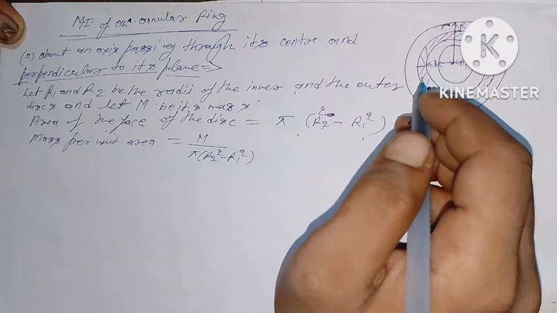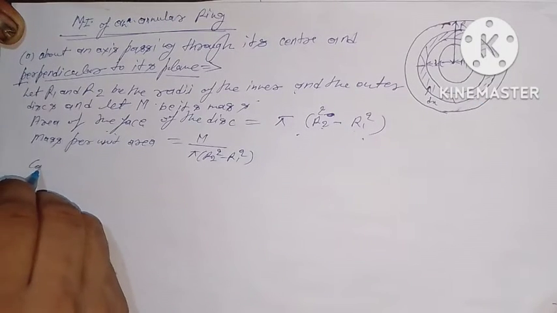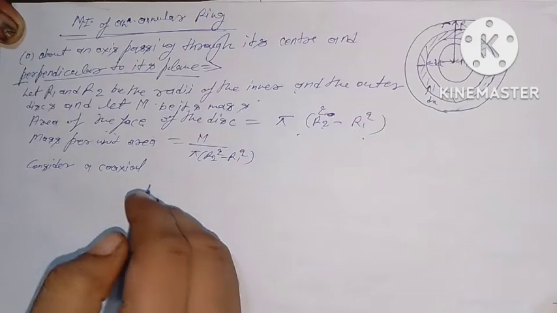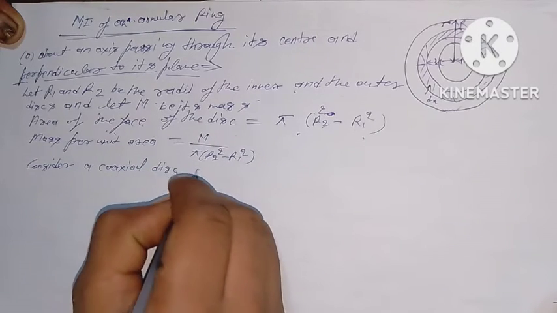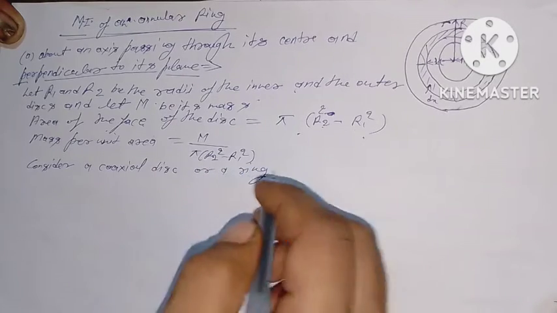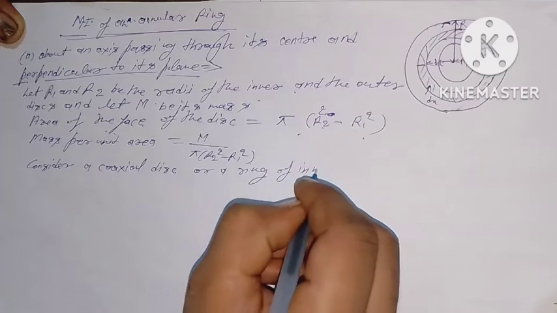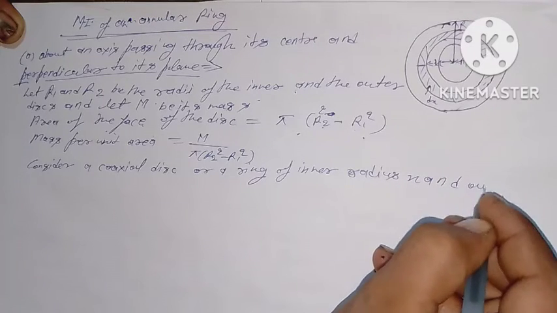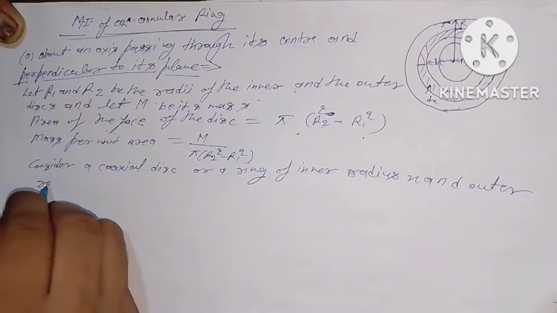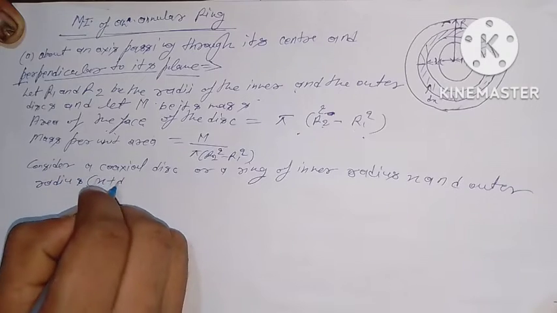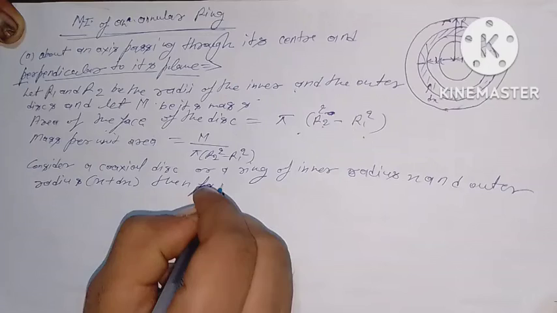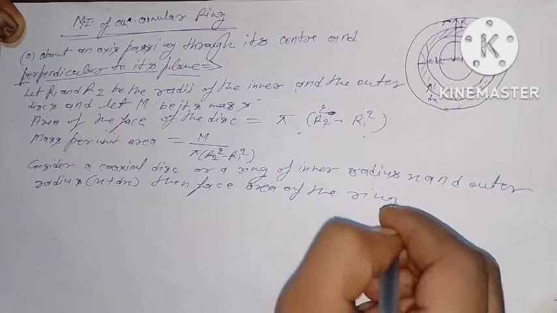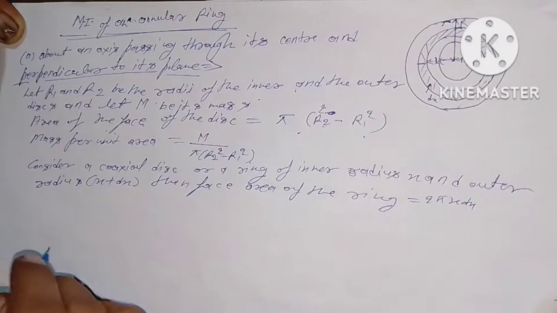Then the face area of the ring is 2 pi x dx. Then the mass of the ring.